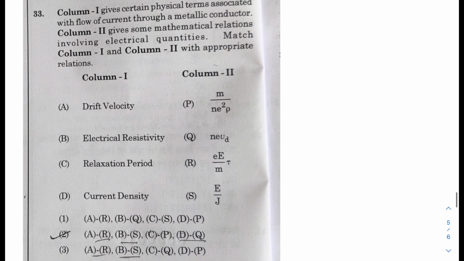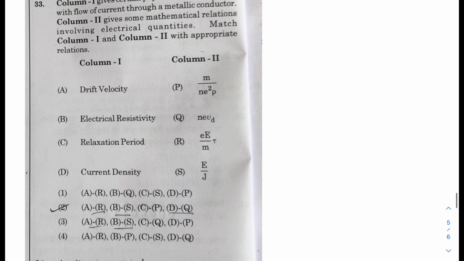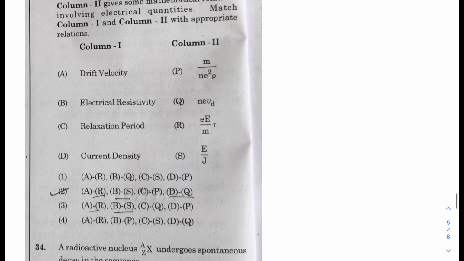Next. Given certain terms associated with flow of current through a conductor, with mathematical relations involving electrical quantities, match 1 and 2 with the appropriate relation. Drift velocity, this is J equal to nevd, so D is Q. We are left with two options. Now compare C, relaxation period. Tau is E by m tau, that cannot be possible.